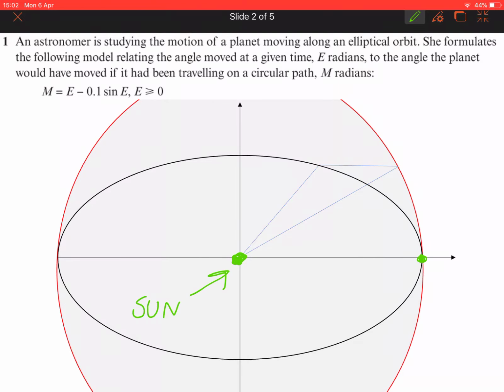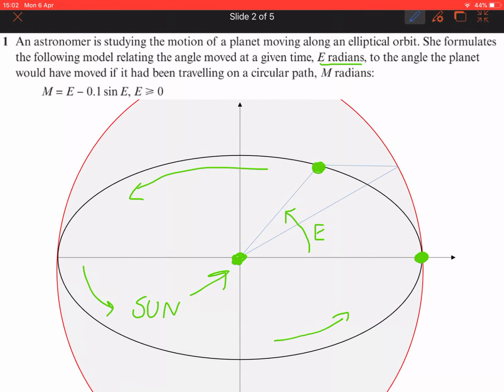For example, if we take the planet starting here and it's travelling around in this elliptical path like this, then at a given time, if we say its position is here, then it's moved through an angle from its starting position of E radians, which will be that angle.